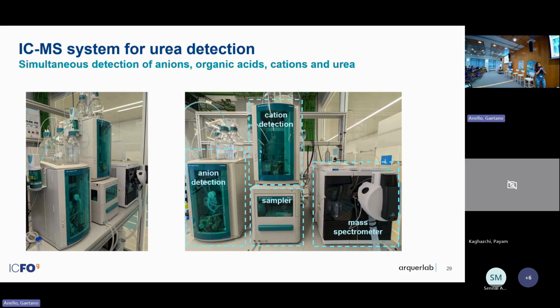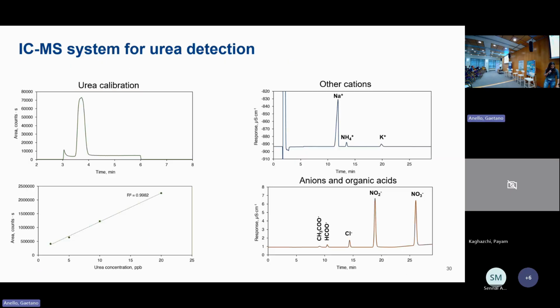So for that, we built an ionic chromatography system coupled to a mass spectrometer, and we optimized the system for quite a long time, and we managed to detect urea at concentrations down to 2 ppb, which was something that we were very happy about.